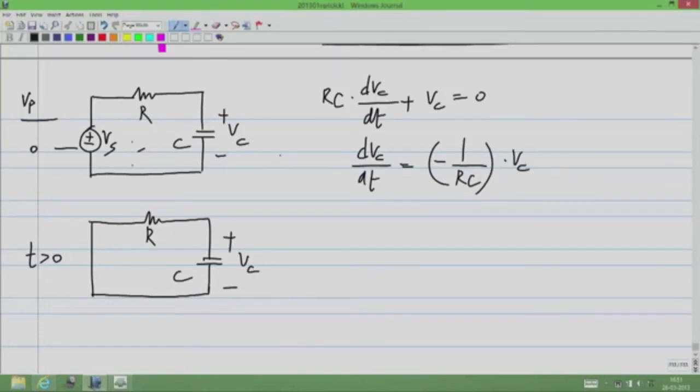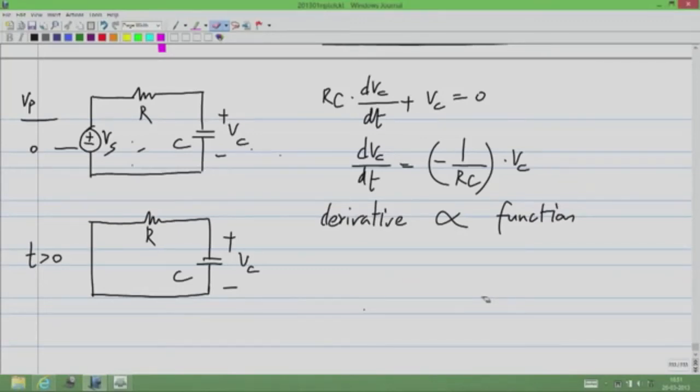So what this equation is saying is that the derivative dVc by dt is proportional to the function itself. So what is a function that gives you a derivative which is essentially the same function?